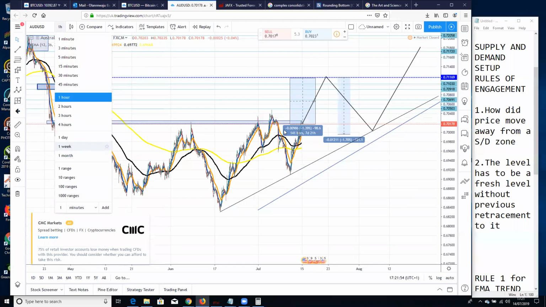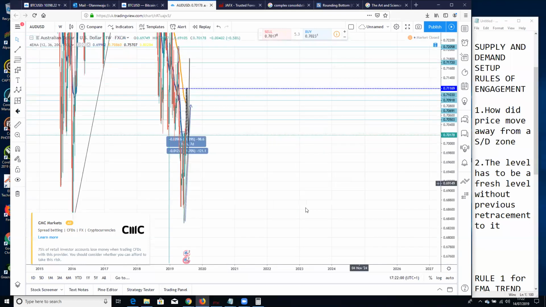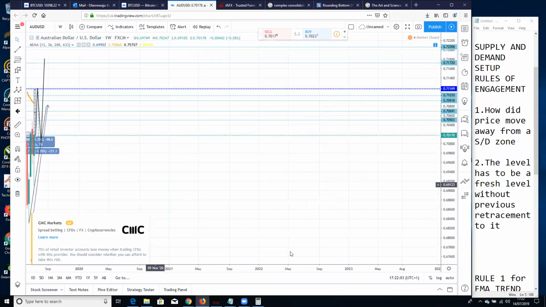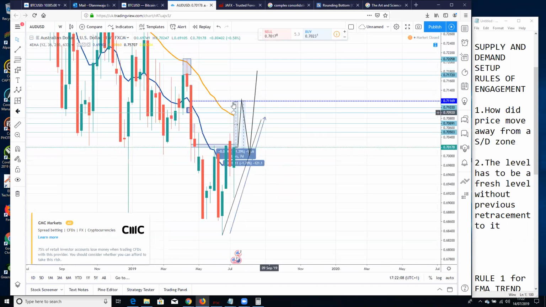So having done all this, let's go back to weekly quickly. You can see that our stop is slightly above the 36 EMA on weekly. Our trade entry is somewhere here.